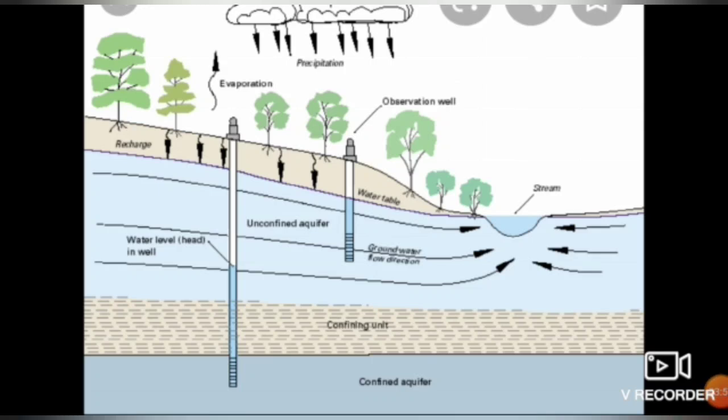The layer of water which accumulates under the ground among rocks is called an aquifer. The thickness of the aquifer determines the availability of groundwater in the area. Aquifer is nothing but the water layer present in the ground.